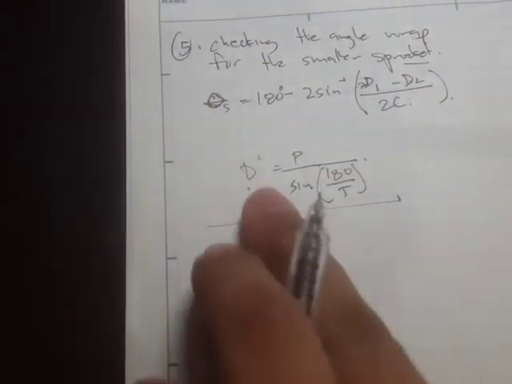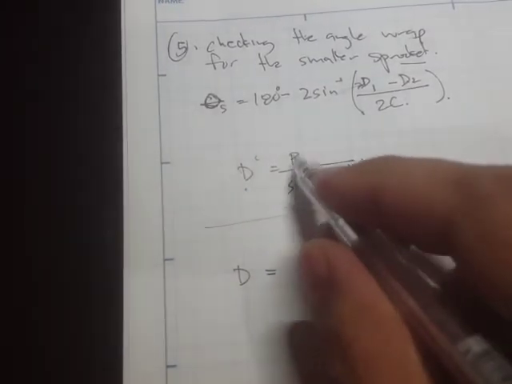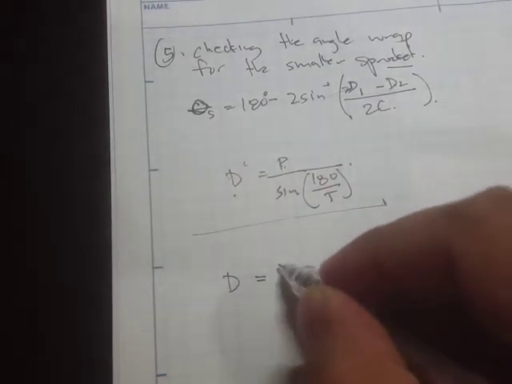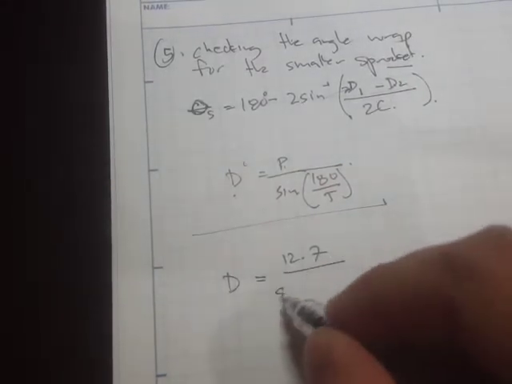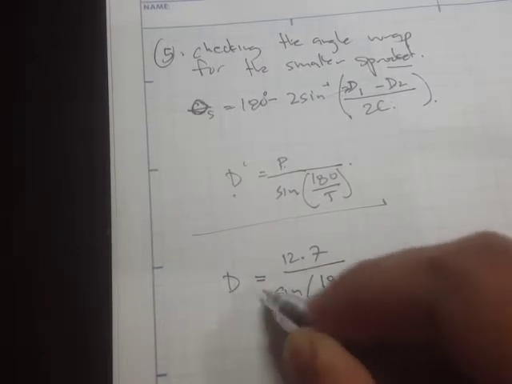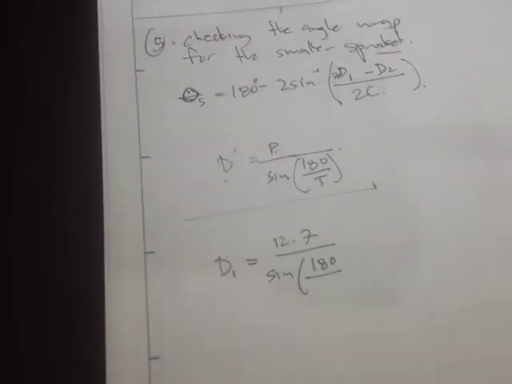So let's solve first for the pitch diameter. d is equal to the pitch, 12.7, divided by sine of 180 over the teeth, which for the first sprocket is 22.